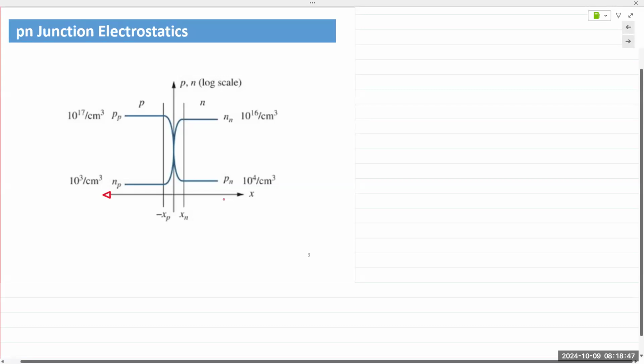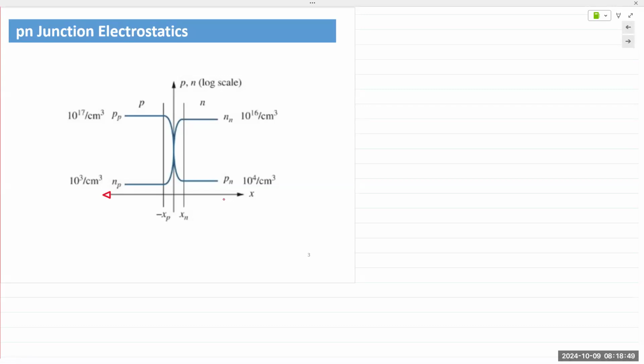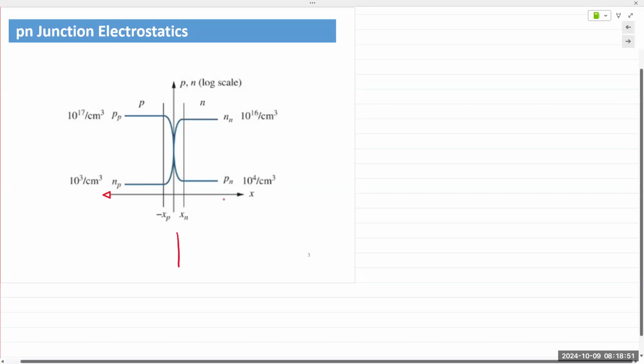This is the junction right here. The arrowheads are actually pointing into the N-type material, so you're going deep into the N-type material, and this way you're going into the P-type material. Physically, you're going into the N-type and the P-type material.